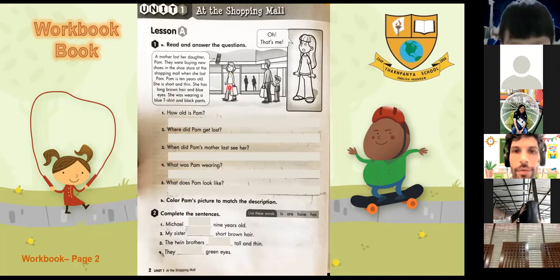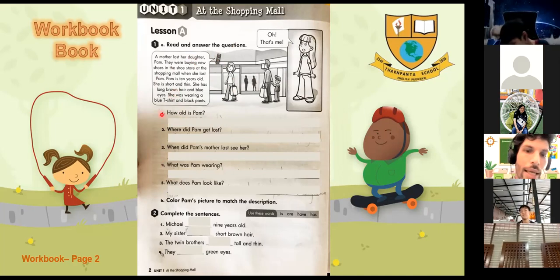Here we have a family that is going to the shopping mall. So we are going to read what the speaker is saying and what this kid is saying. And then, based on what we hear here, we're going to answer these questions, all right?